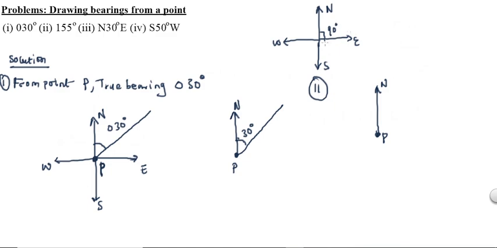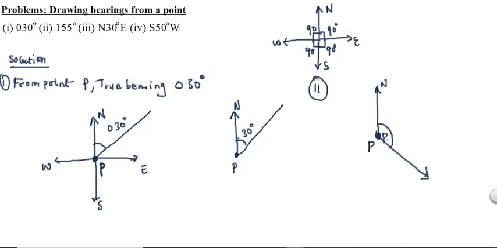The angle from here to here is a 90 degrees angle. The angle from here to here is a 90 degrees angle. The angle from here to here is a 90 degrees angle. If I measure 155, it should fall around here in the southeast region.